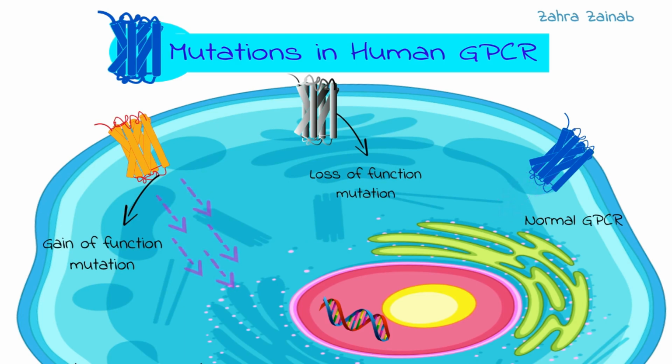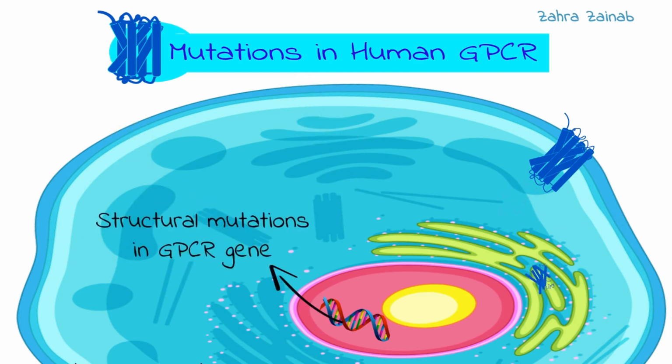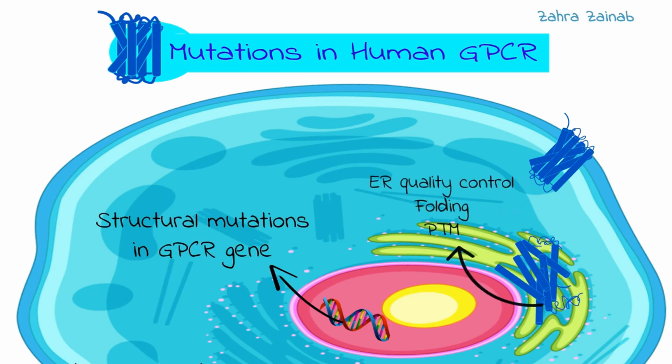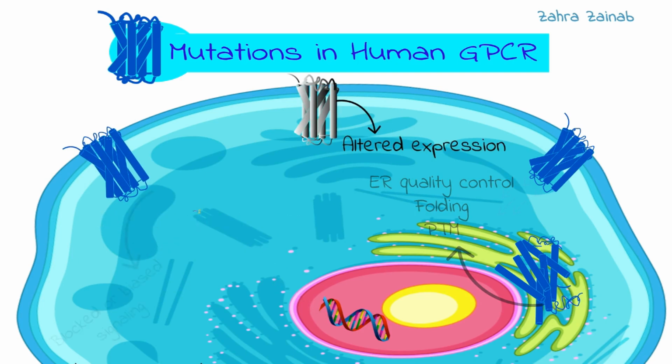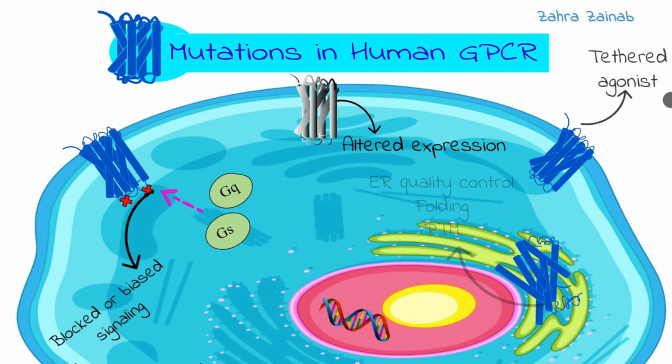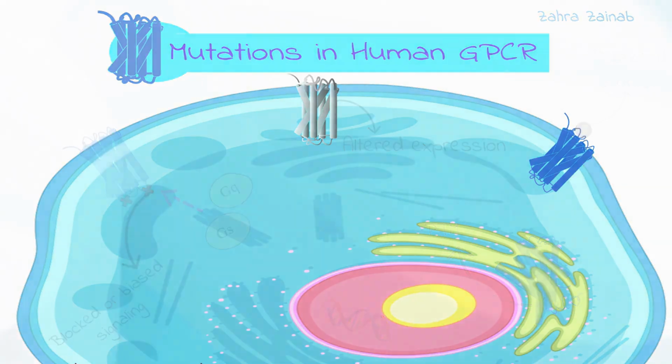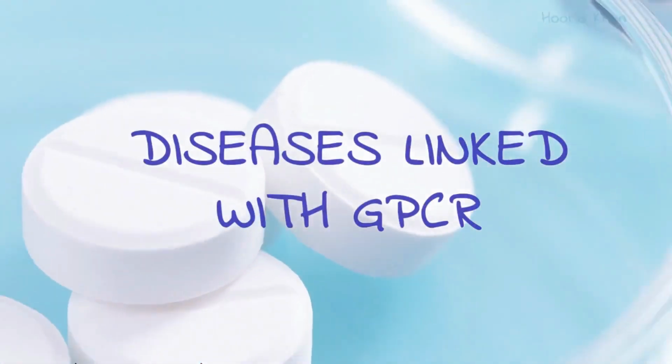A general decrease in the relevant signaling is termed loss of function, whereas a general increase is gain of function. Structural alterations provoked by mutations or variations in the genes coding for the GPCRs may lead to misfolding, altered plasma membrane expression of the receptor protein, blocked or biased signaling, and disrupted ligand or tethered agonist binding.